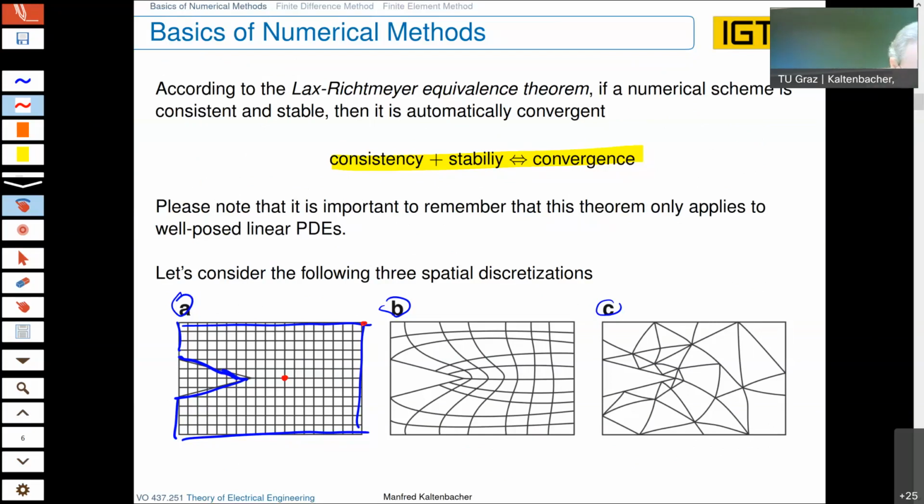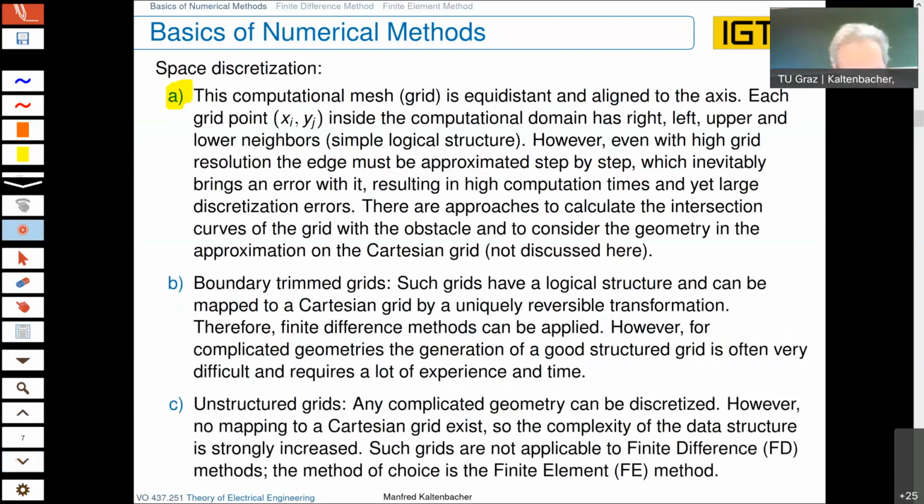However, to approximate with such a regular mesh, we call it a regular mesh, this cutout of this triangle, you will always have a staircase. So that means it will not be as accurate for any complex geometry, even if you have a curved surface.